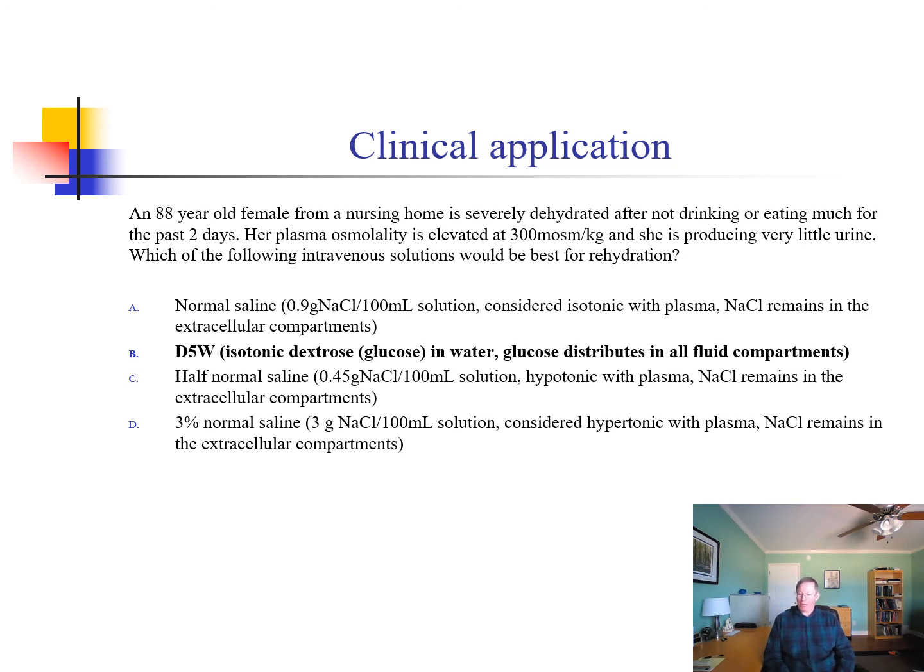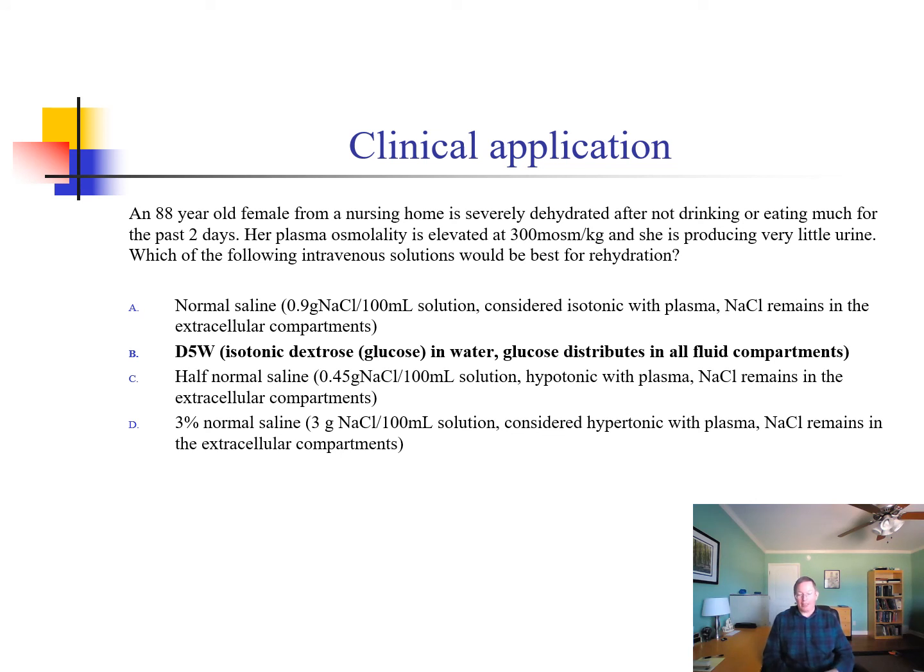Now, the hypotonic solution, half normal saline, will allow for water to move into the intracellular compartment. But because the sodium chloride is going to be holding on to that water, you could think about it as kind of being a normal saline solution with a solution of water or deionized water.